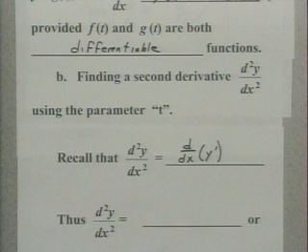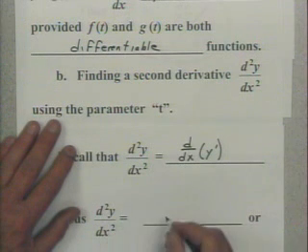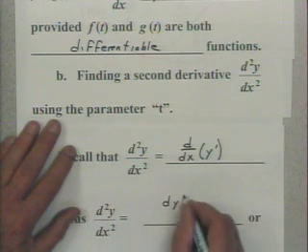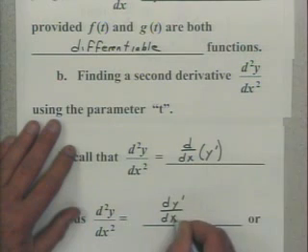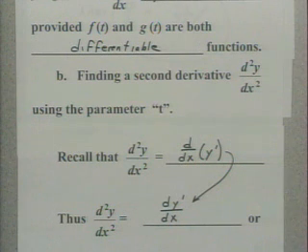Okay, now if we convert this to parametric form, we can first say this is therefore the same as the derivative of y prime over the derivative of x. That comes from here, just writing it as one fraction, dy prime over dx.